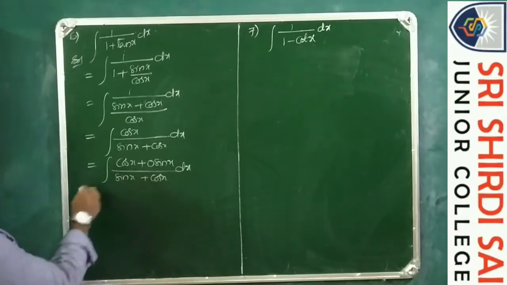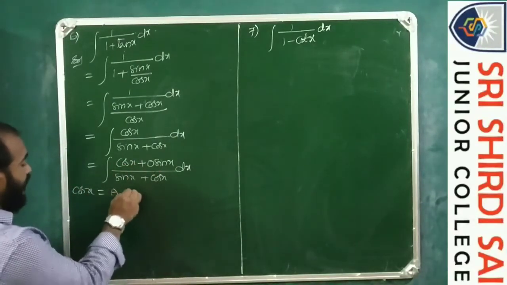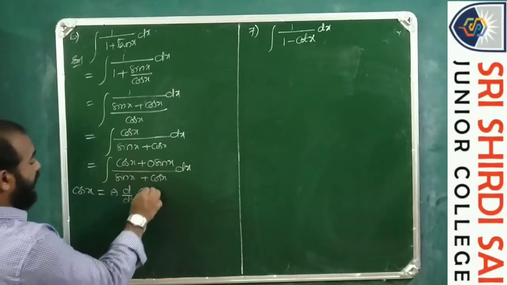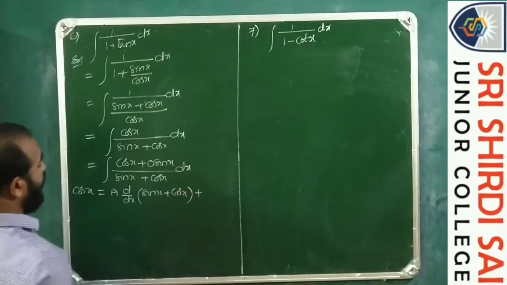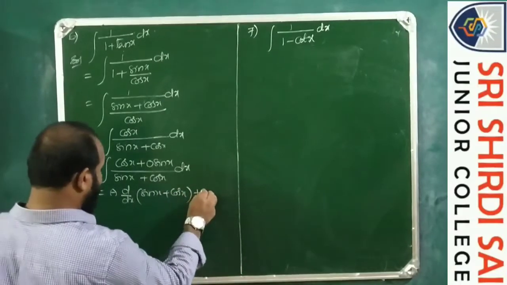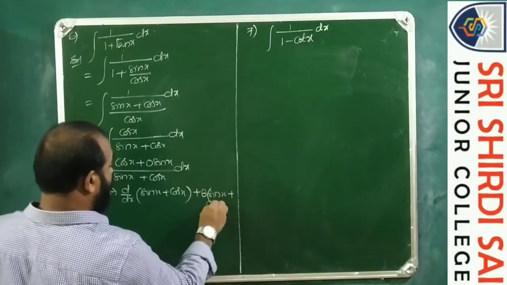So numerator is equal to a into d by dx of denominator sin x plus cos x, plus b into denominator.